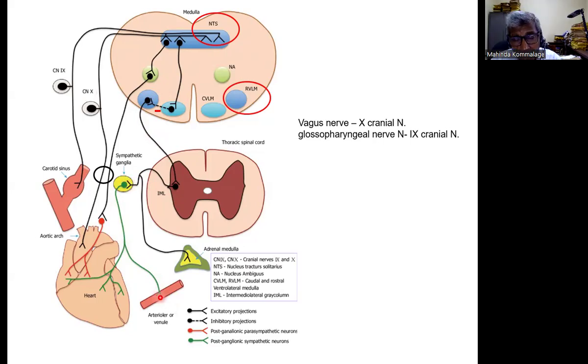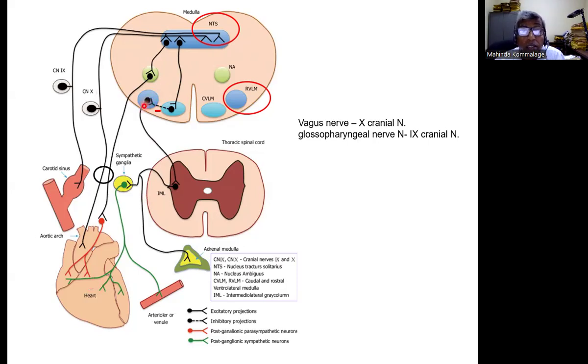Since it's a sympathetic discharge, the main effect is vasoconstriction through the alpha-1 adrenergic receptor. It also sends impulse to the heart for the chronotropic effect, that means increased heart rate, inotropic effect, increased contractility, and dromotropic effect, increased conduction in the conductive system of the heart.